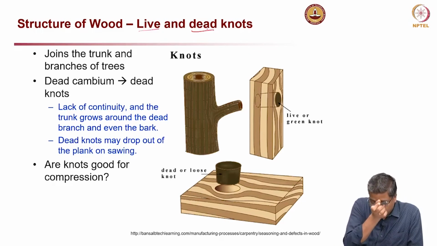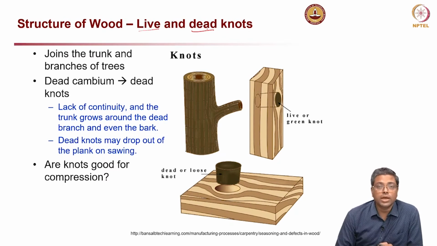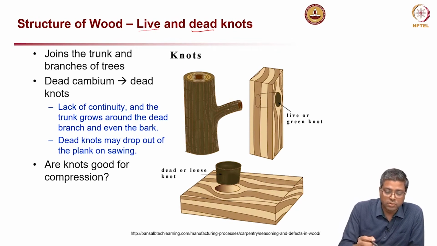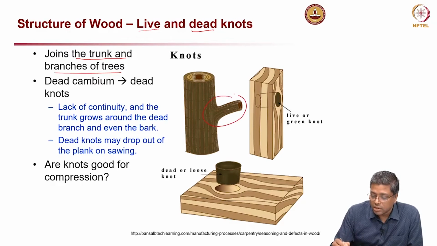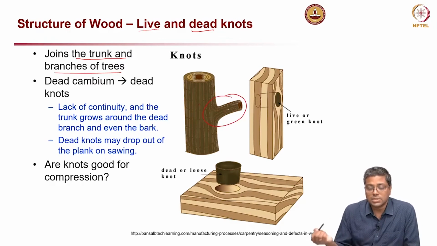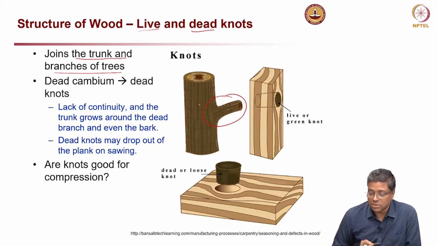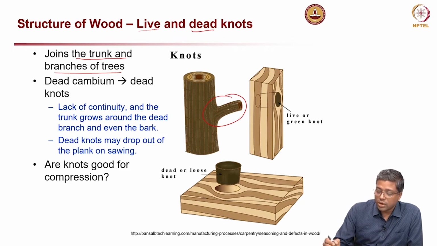How do they function, or what is the role, how do they influence the properties of the wood? Essentially they join the trunk and branch of a tree. So, here this is where a branch is coming out of a trunk or a stem, and if it is a live or green knot, it will be something like this.